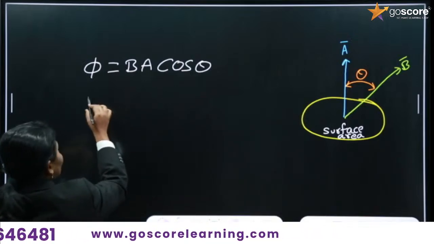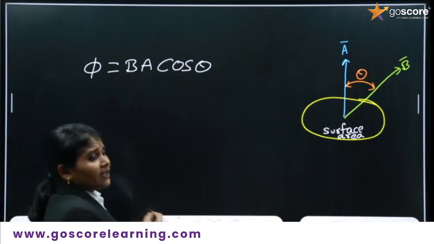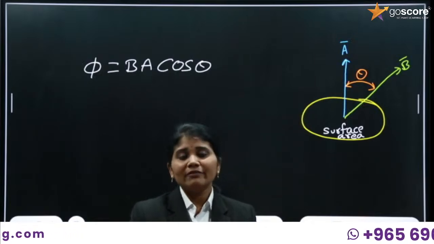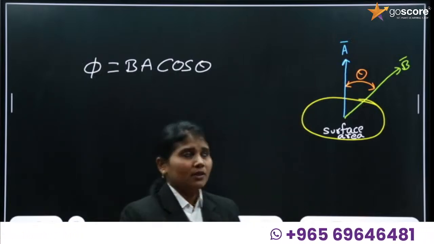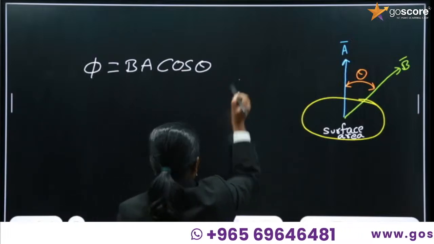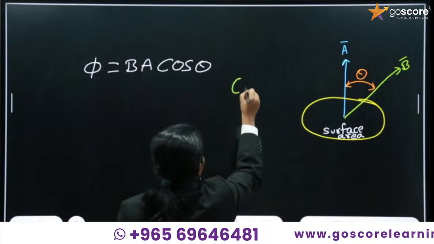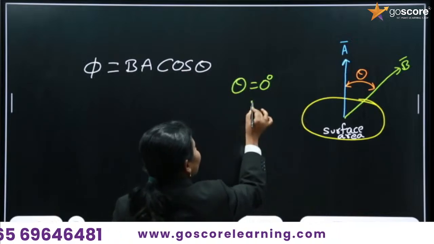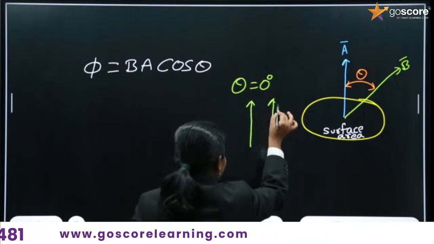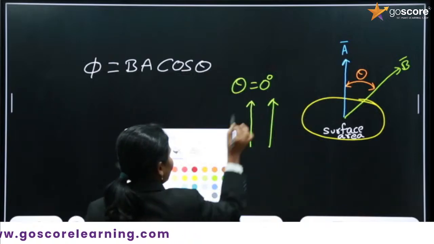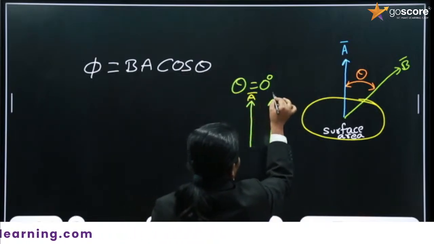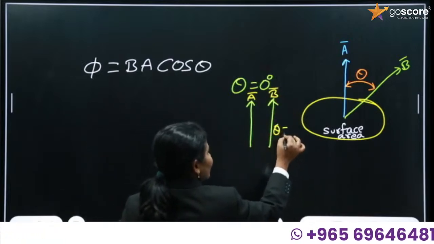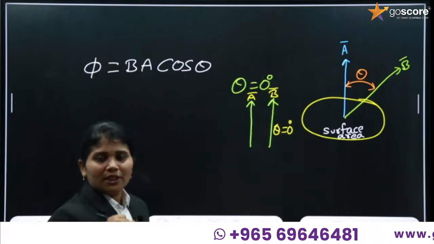Then there are some special cases. When do we get the maximum flux? When theta is equal to 0 degrees. It means the area vector and magnetic field are both parallel.